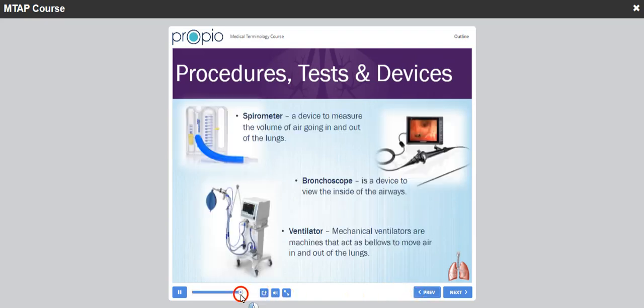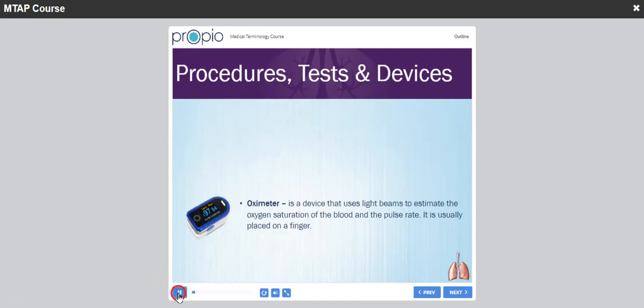Bronchoscope. It's a device in the blood. Pulmonary function test, or PFTs, breathing tests to find out how well a person can move air in and out of the lungs and how well oxygen enters their bloodstream.